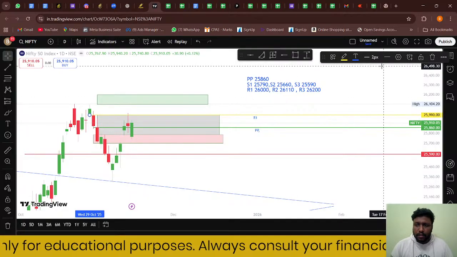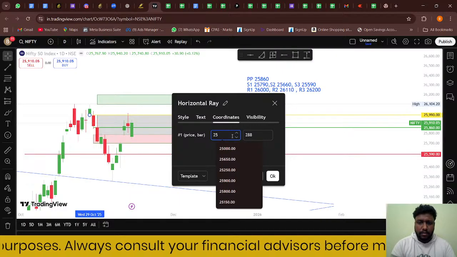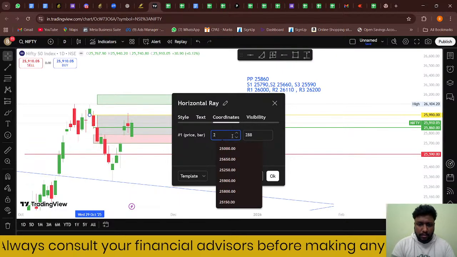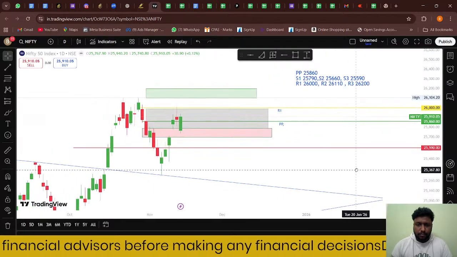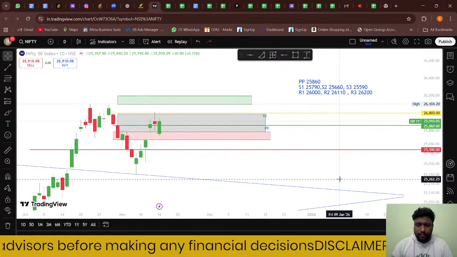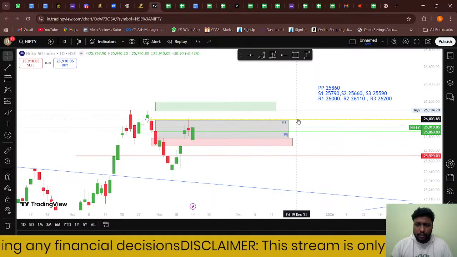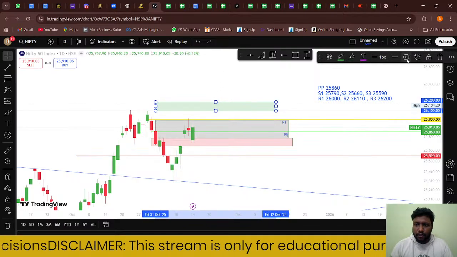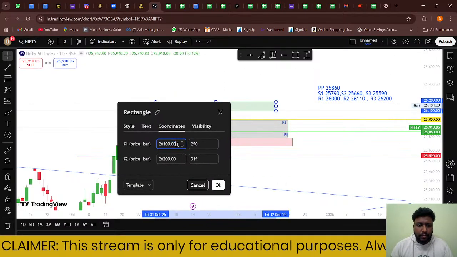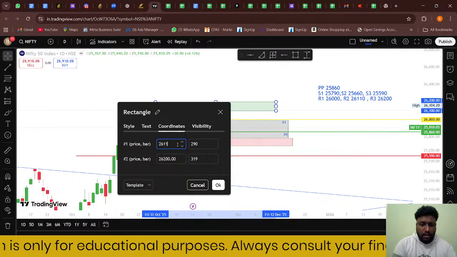We'll mark the resistance, exactly the same, but we will keep it 26,000 for the day. So R1, resistance 1 we have marked, and with respect to this we will zone this out quickly. R2 and R3 we consider as the bullish zone.